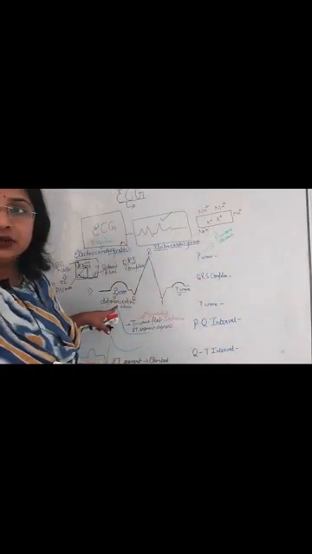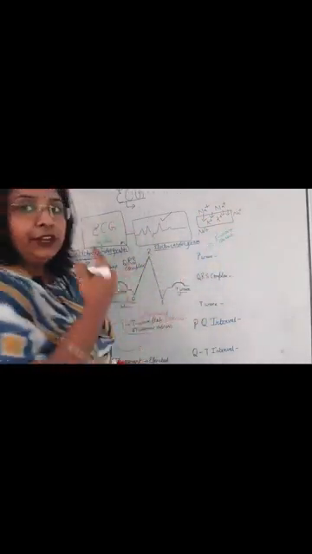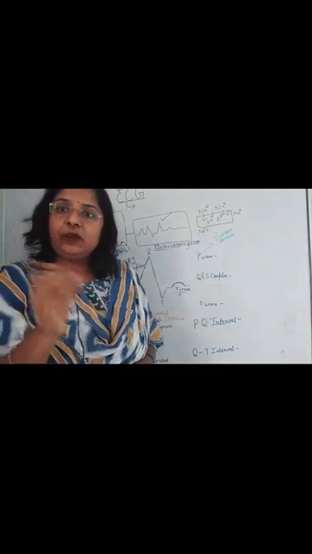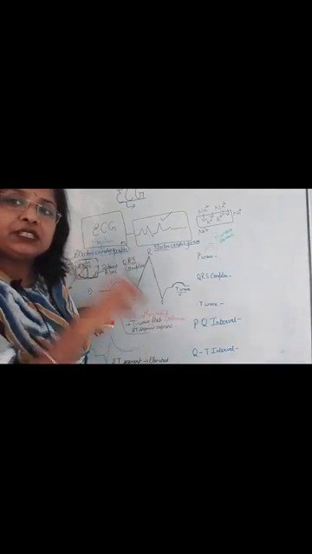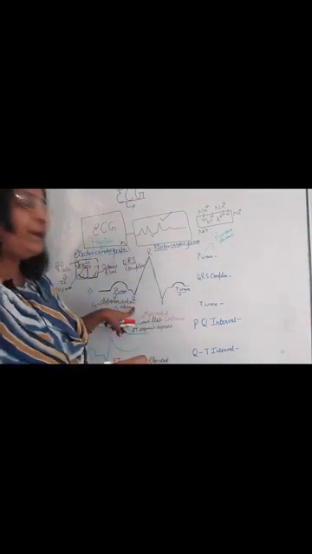These ions are responsible for the depolarization of muscles. Whenever Na enters the muscle cells, it leads to depolarization. Depolarization is the reason for muscle contraction, meaning muscle contractions are followed by depolarization.